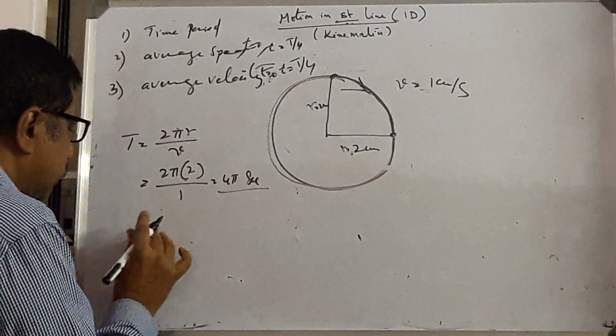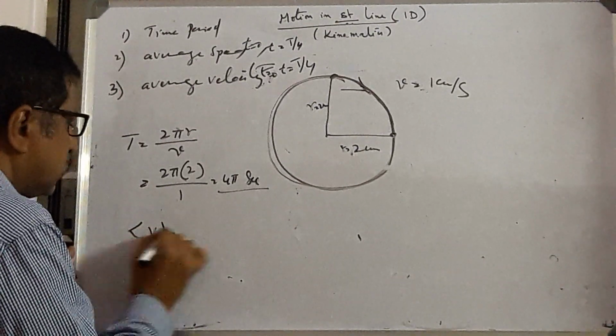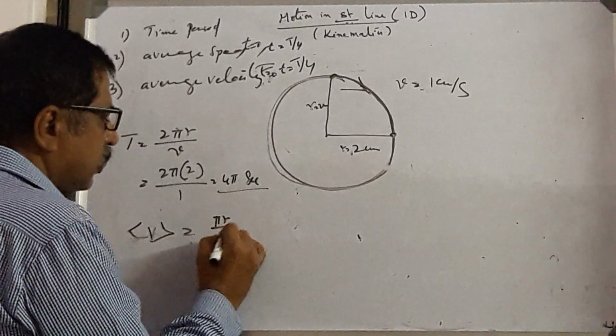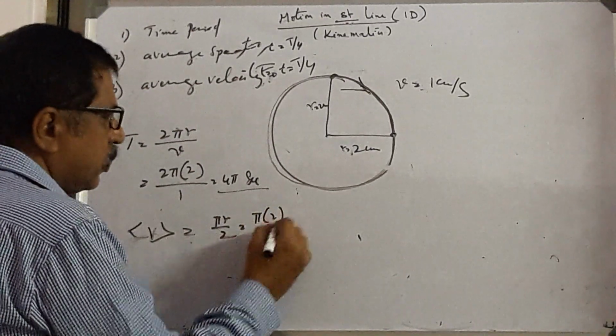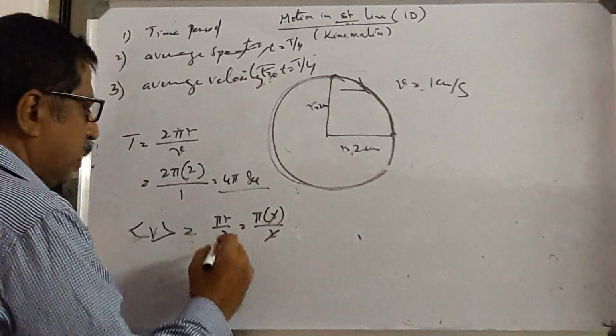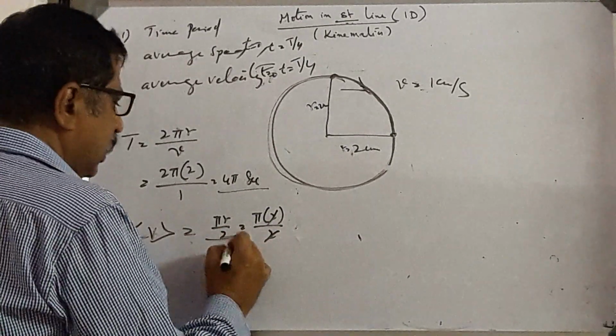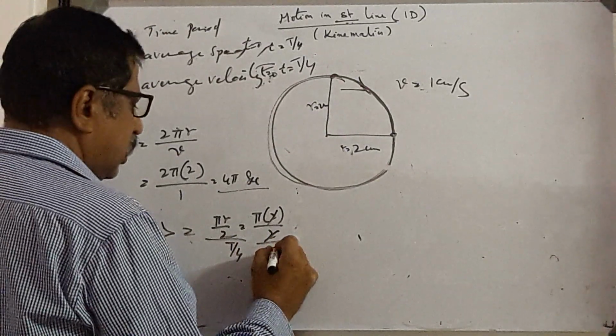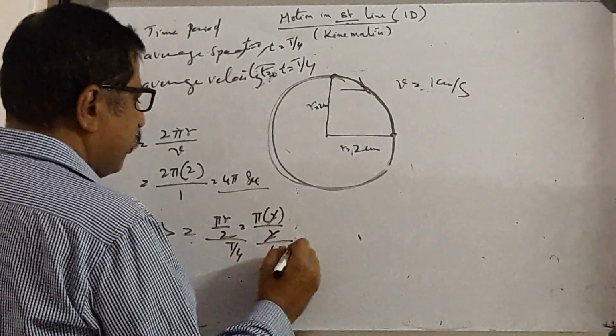The average speed is pi r by 2, that is pi into 2 by 2, divided by time T by 4. T means how much? 4 pi by 4.